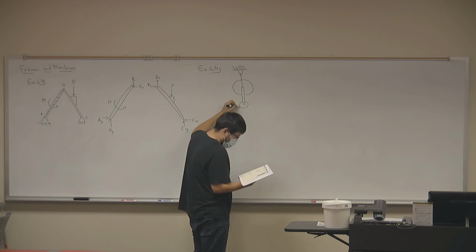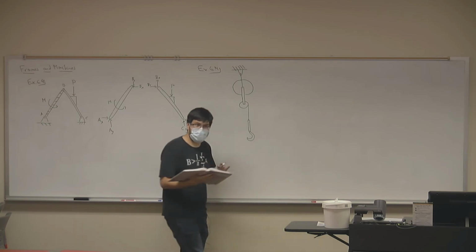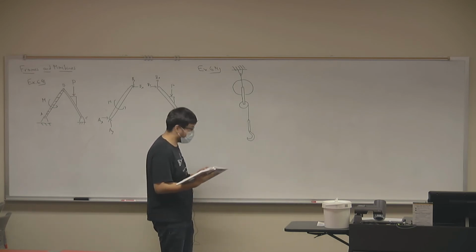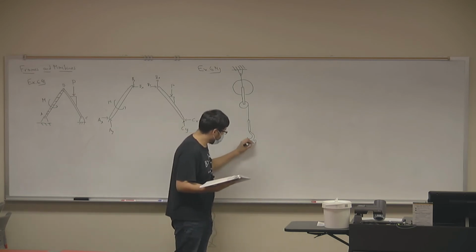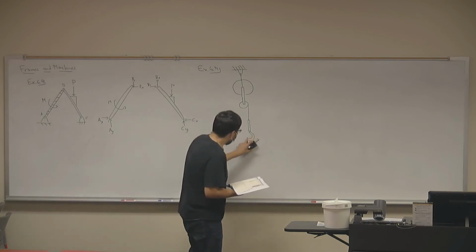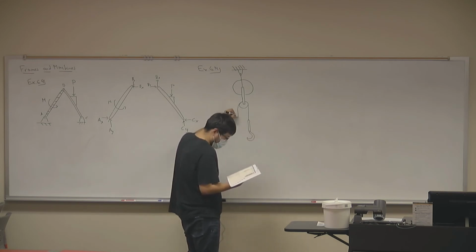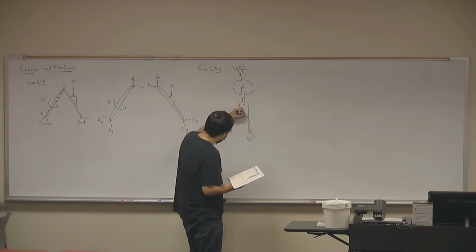We have a cable that's connected to this pulley that connects to another beam. And this beam itself is connected to a hook. Thank you. I'll put my signature there so that you remember that I drew it. The other cable is connected to a pulley.